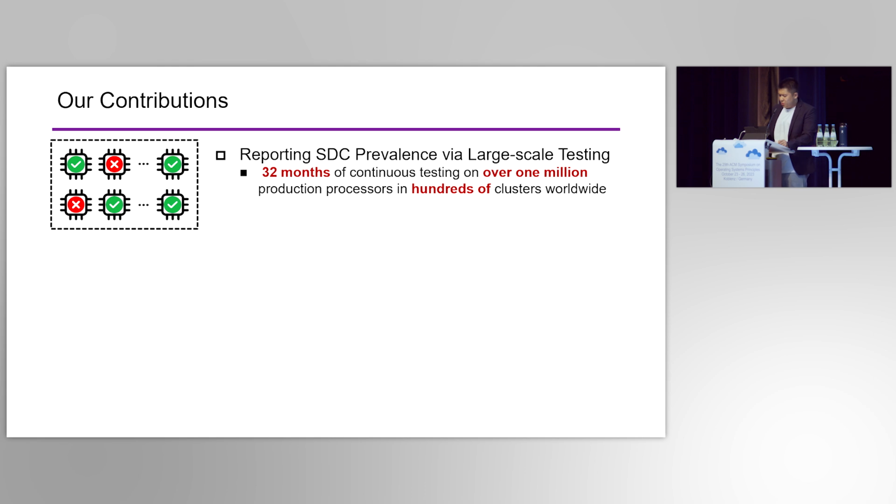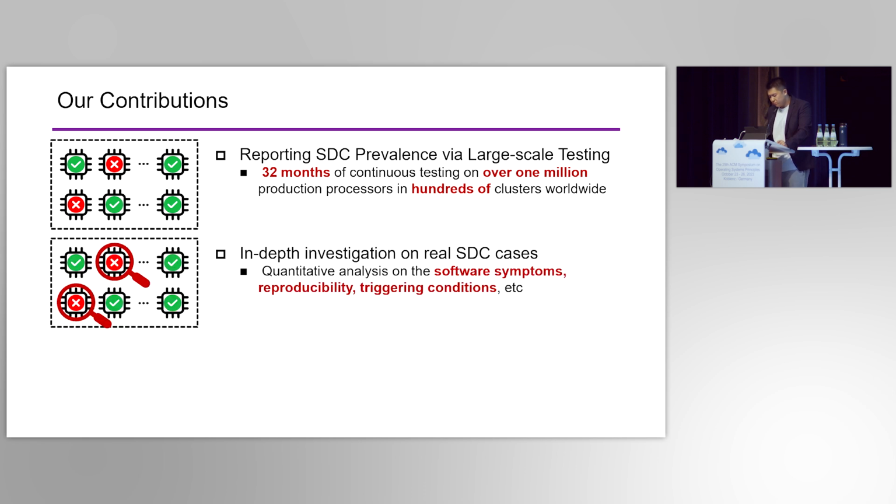Our work has 3 contributions. Firstly, we report the prevalence of silent data corruptions via large-scale testing. We performed 32 months of continuous testing on over 1 million production processors in hundreds of clusters stretching across the world.